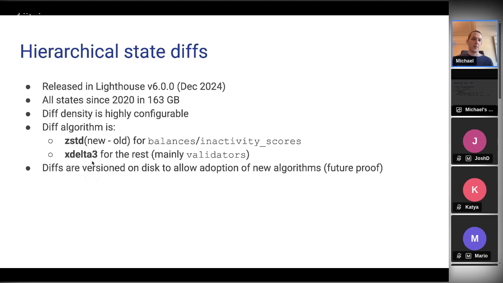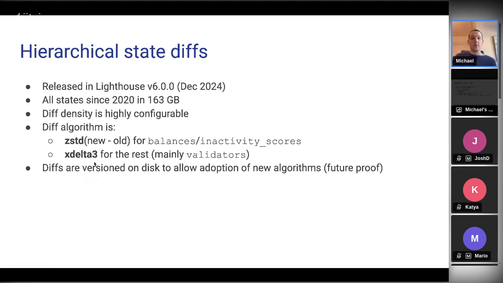The other one is less well known. The diff algorithm that we use for the rest of the state is called xdelta3. It's just a C library that was written by some guy, as far as I can tell. But it's used in some Unix projects, and it's not completely Wild West sort of code, so it's relatively stable. It's just not being updated anymore.